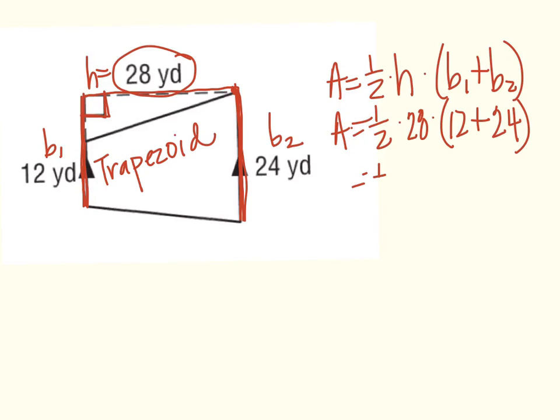Now, it's 1/2 times 28 times, what's 12 plus 24? 36. Now you want to calculate half of 28 times 36. And you should come up with 504.